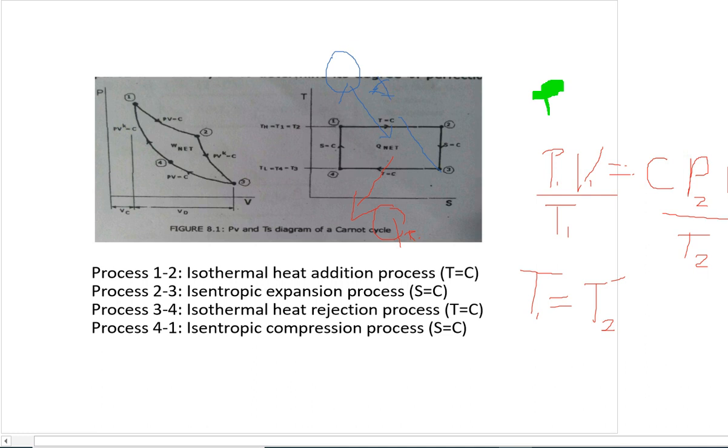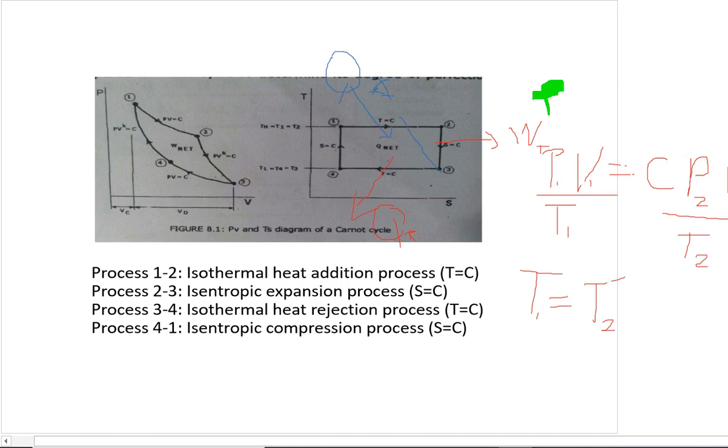So, nakita ninyo yung flow ng cycle: papasok yung heat sa system, 2 to 3, lalabas yung work of the turbine, papaikutin siya.